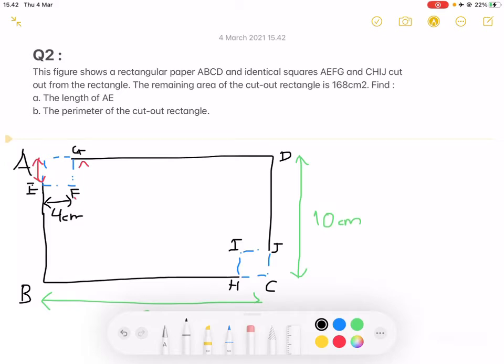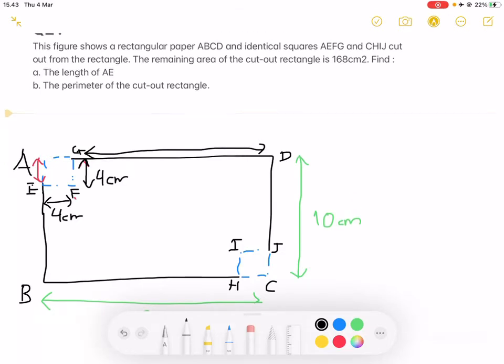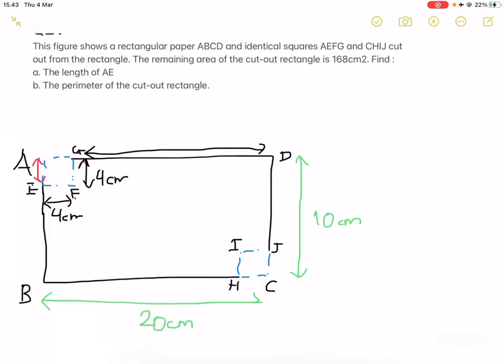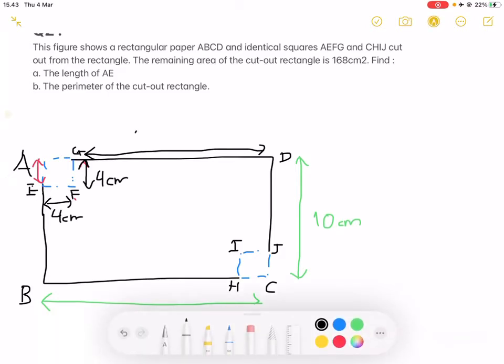So let's see. We know these and these are 4 centimeters. This length right here, which is GD, is just 20 centimeters minus 4 centimeters, because 20 centimeters covers 4 centimeters and the length GD. So this will be 16 centimeters.